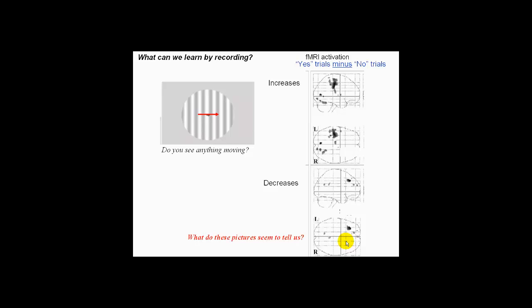And you can ask about increases or decreases between the two states, and these are drawn separately here. So there were increases on the yes trials in here, this is the side view, this is the top view of the brain, here, here, here, here.